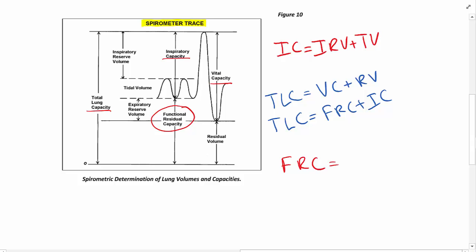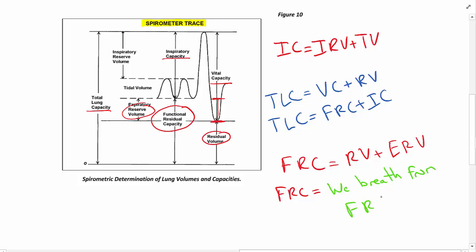So FRC is the residual volume plus the expiratory reserve volume. We get the residual volume right here, and that's going to be up to this point, but now we need to get up to this point, and so that's the expiratory reserve volume. So FRC equals that, but it's really important to know this, that we breathe from FRC.